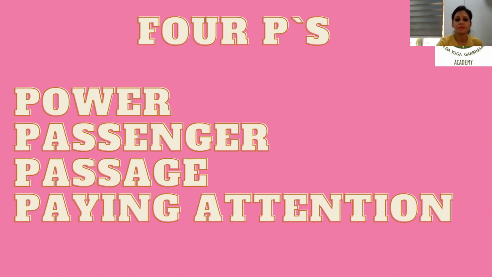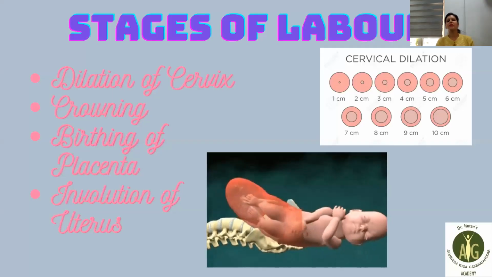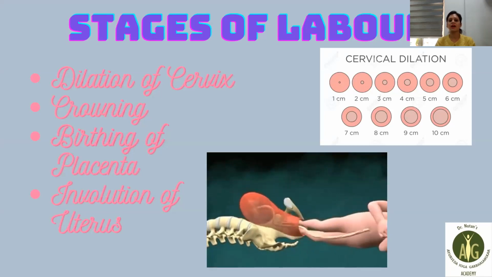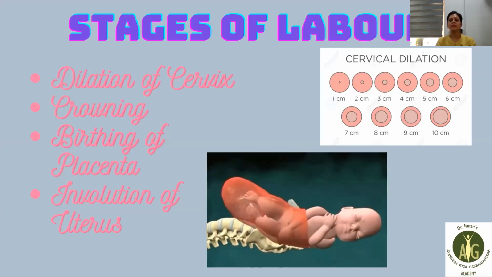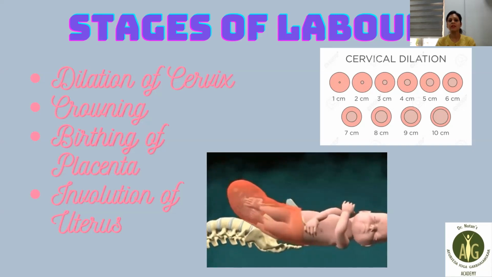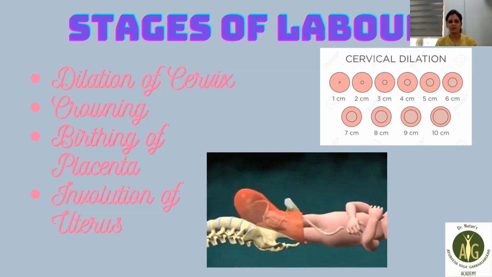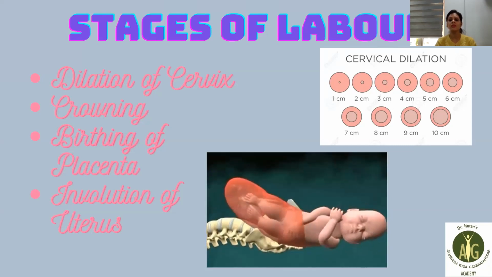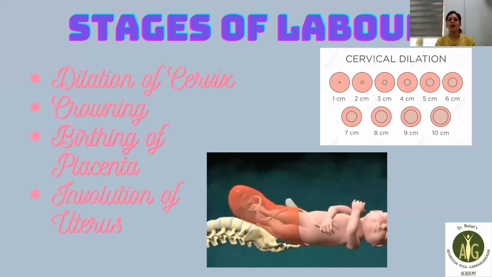Stages of labor: first the dilation of the cervix will start, from 1 centimeter to 10 centimeters. If the dilation of the cervix is done, you can see how the baby crowns and gets out easily through the vagina.